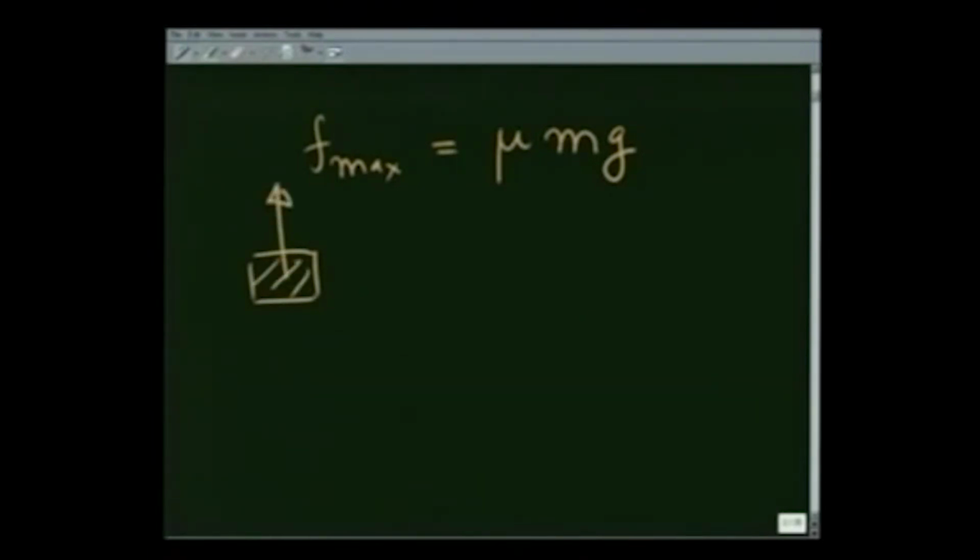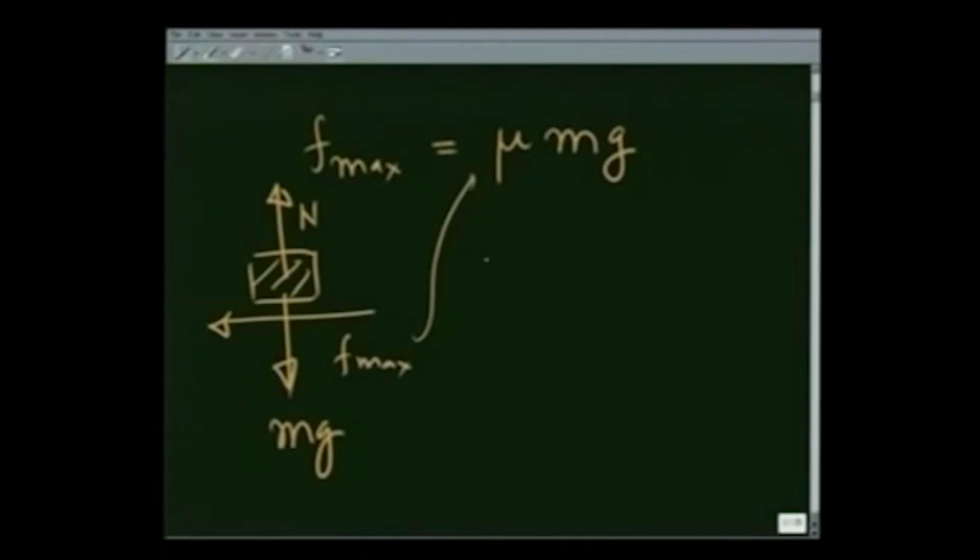So let us see what is the maximum friction. F max is going to be mu times mass of the box times g, because for this box which is not moving in the vertical direction, N is the same as mg. So F max is given by this formula.